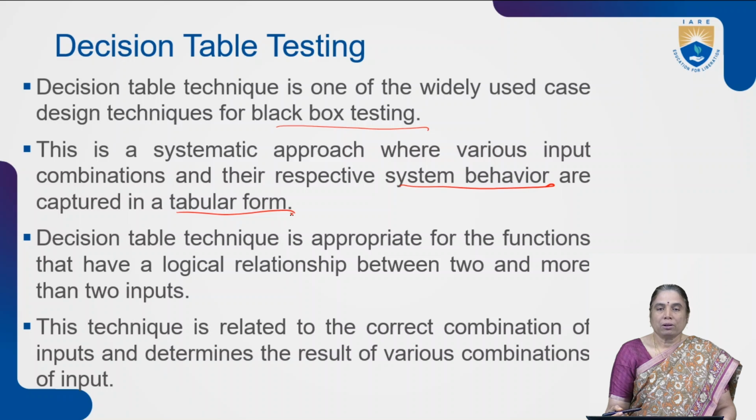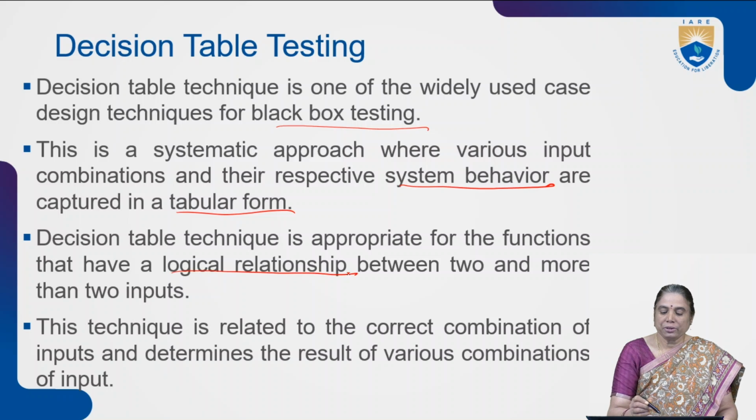That table is called the decision table. The decision table technique is appropriate for functions that have logical relationships between two or more inputs. The technique is related to the correct combination of inputs and determines the result of various combinations of input.